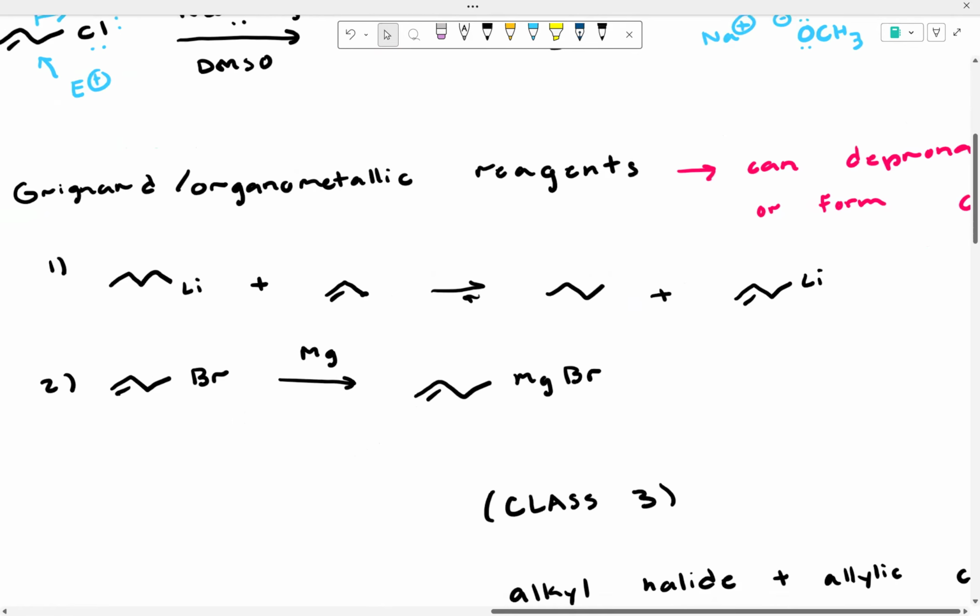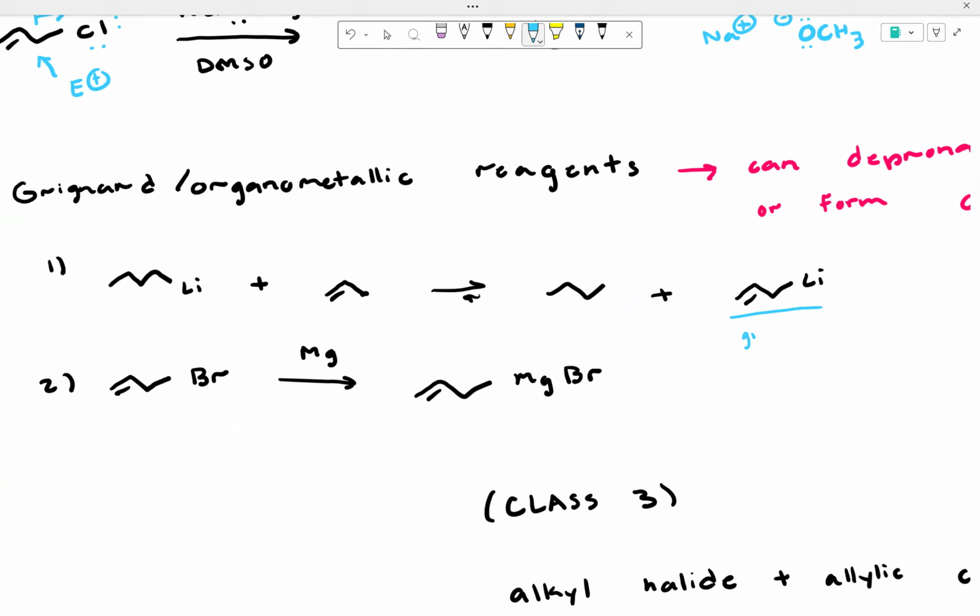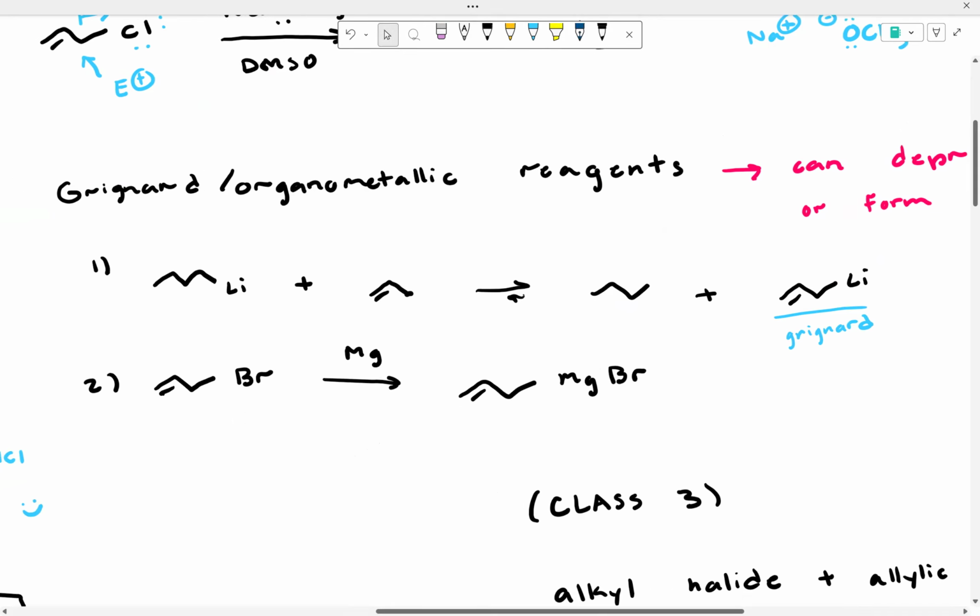What we can do is we can take an alkyl halide, react it with a lithium molecule, and then we form an alkane and a Grignard here. Alternatively, we can get our allylic halide with Br, introduce magnesium to it, and form our magnesium bromide allylic molecule.